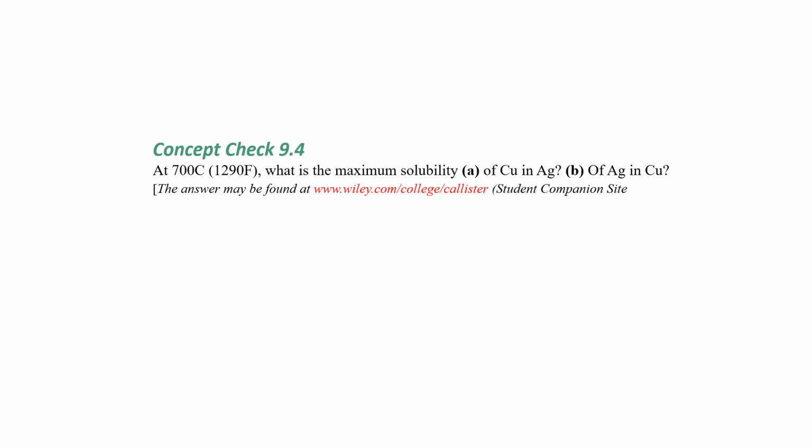In the copper-silver phase diagram, go to 700 degrees centigrade, draw a parallel line and then check the solubility. First find out the phase region, and then within the phase region calculate the maximum solubility of copper in silver and then of silver in copper.